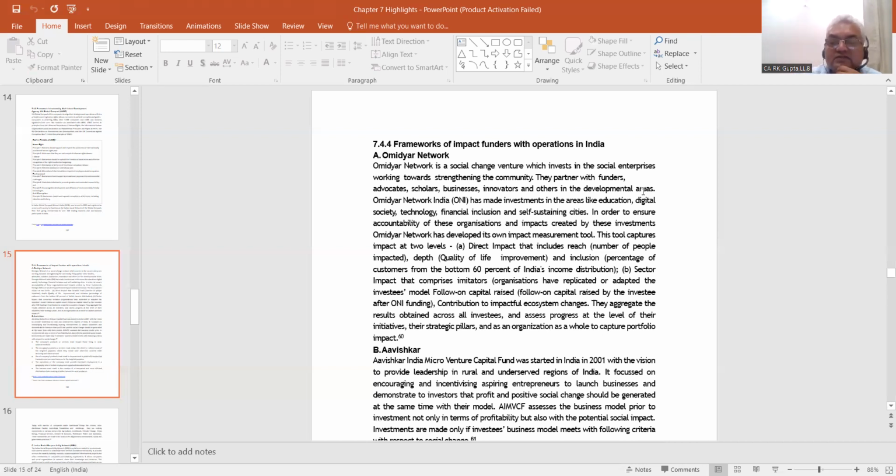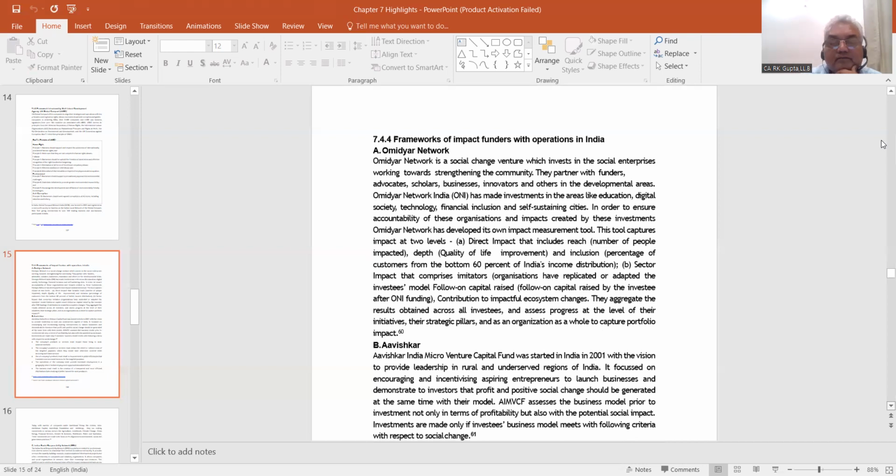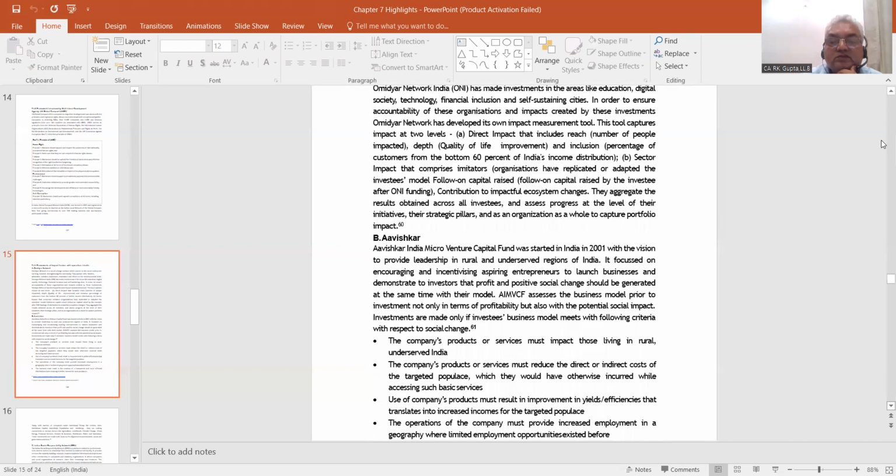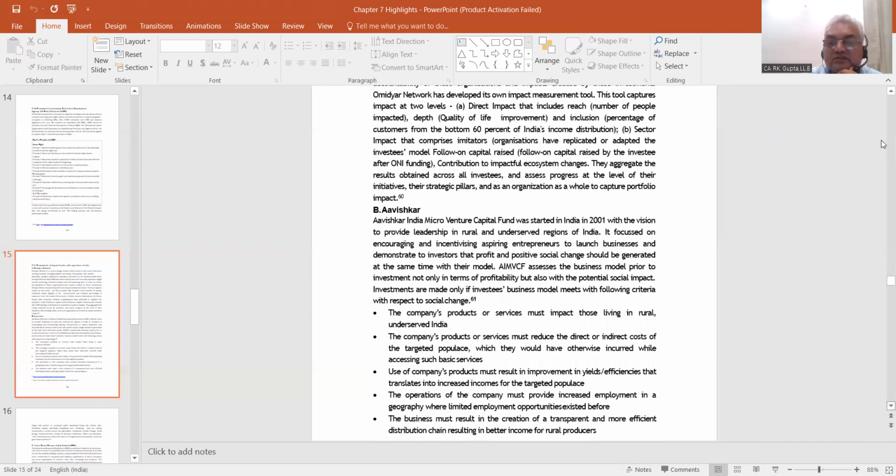Investments are made only if the investee's business model meets the following criteria with respect to social change. The first is that the company's products or services must impact those living in rural or underserved India. The company's products or services must reduce the direct or indirect cost of the targeted populace, which they would have otherwise incurred while accessing such basic services.